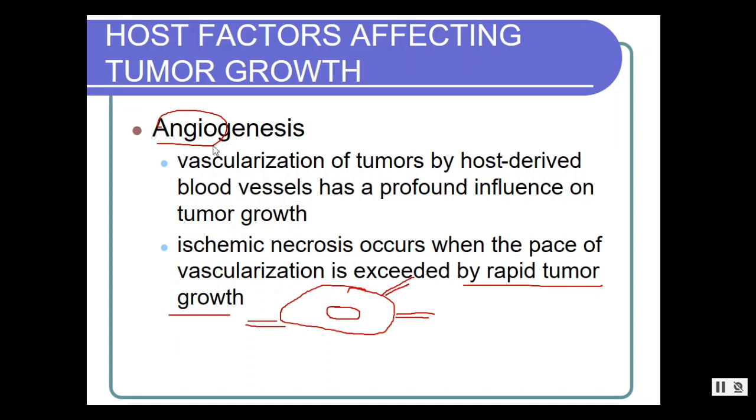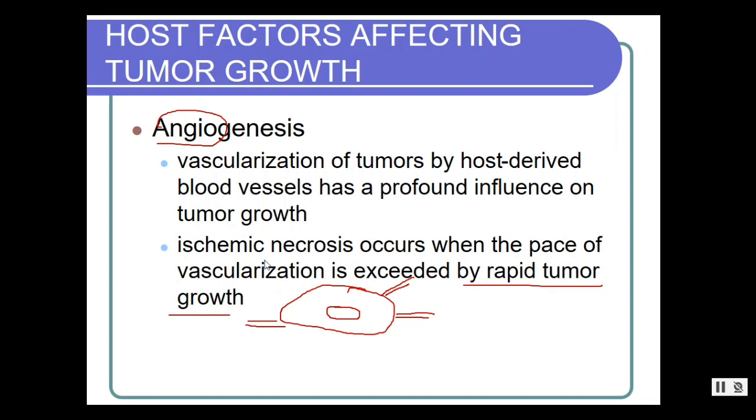When you say angio, it refers to blood vessel. Genesis is formation of blood vessel. Now, when tumors are present, this can cause vascularization or angiogenesis, meaning the tumor will promote the formation of new blood vessels so that they will be provided with nutrients, because the blood supplies the nutrients for the tissues and even for the tumors.